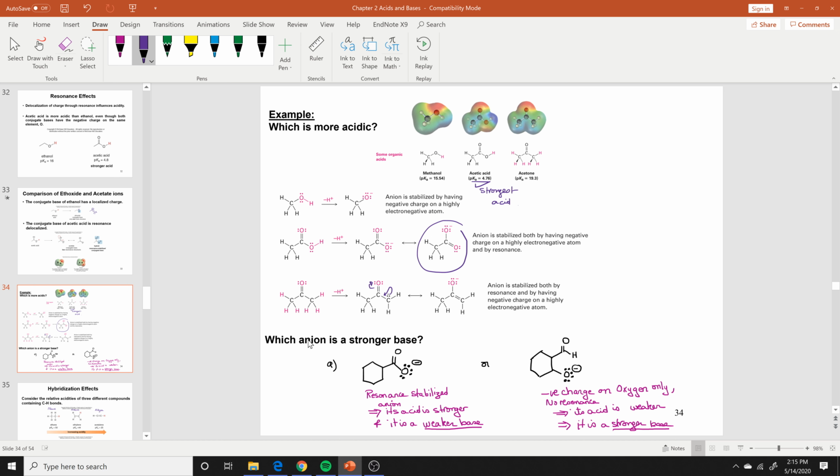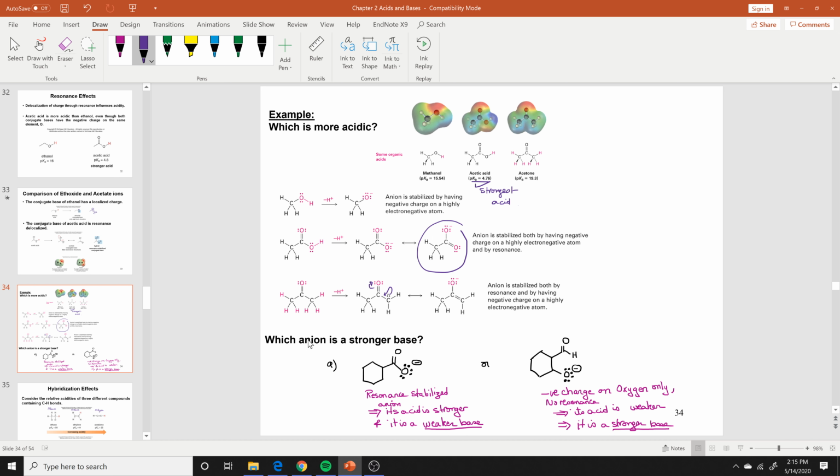So this is why if you take a look at the pKa's of methanol and acetone, you're going to see that this conjugate base is more stable than either of these two conjugate bases, because this conjugate base bears the negative charge on the electronegative element. This conjugate base has the negative charge on a less electronegative element, which is a carbon. So this is why methanol is going to be a stronger acid than acetone, and the strongest is the acetic acid.